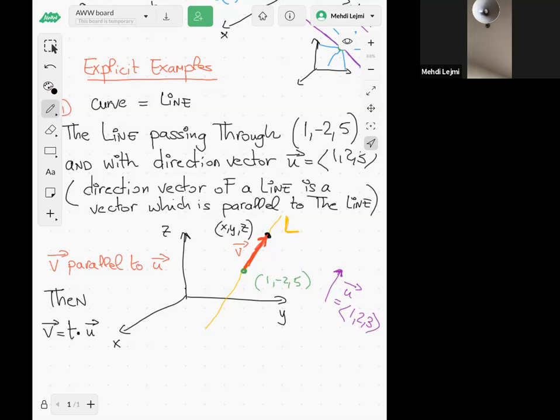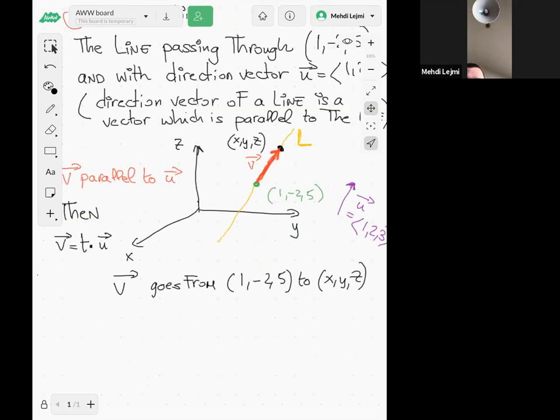Now, what are the coordinates of the vector v? So v goes from 1, -2, 5 to the point x, y, z. Then v would be just the coordinates of the terminal point minus the coordinates of the initial point.